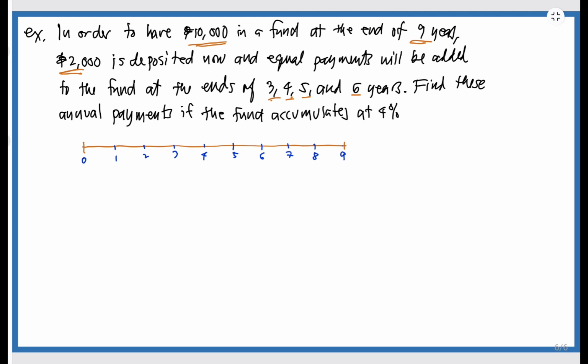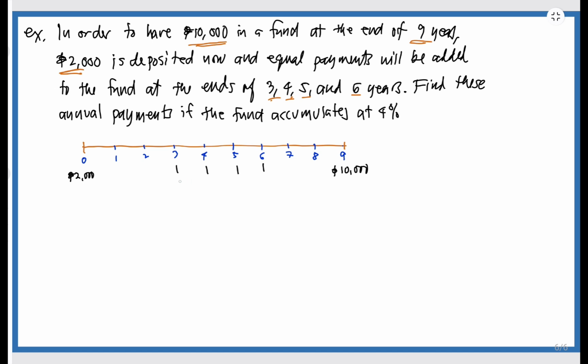So at the end of year 9, this should be 10,000 pesos. But at year 0, he deposited 2,000. And then at the end of year 3, year 4, year 5, year 6, he will deposit a uniform amount.